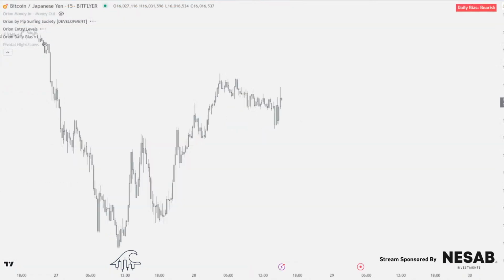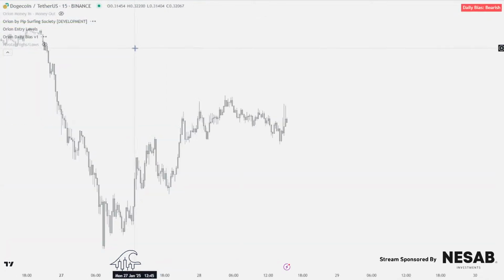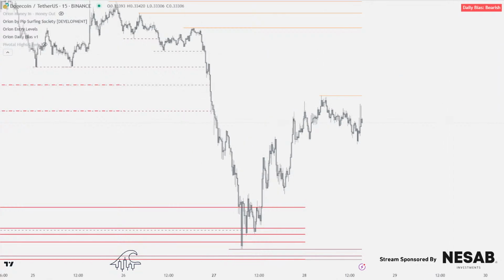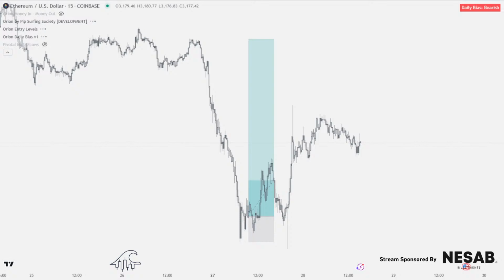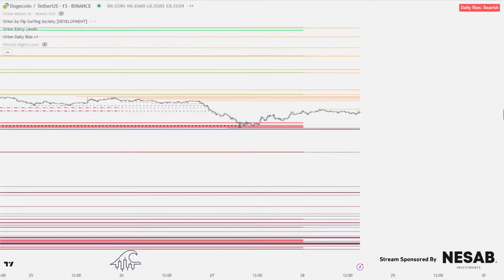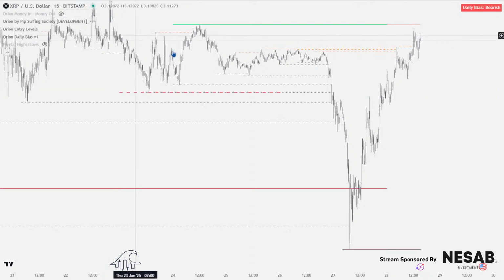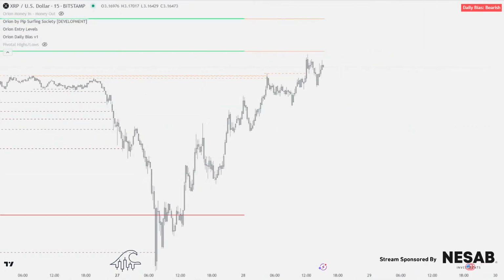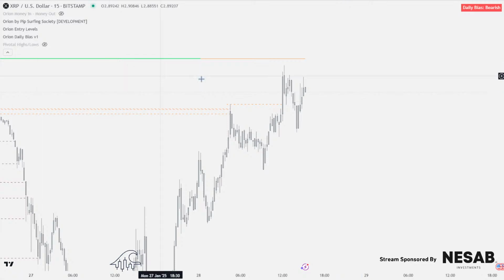Bitcoin JPY. Bearish on Doge. Bearish on Bitcoin. So we're bearish on a lot of these pairs now. What about XRP? Bearish on this? Apparently. So this is, I think, one of the areas.